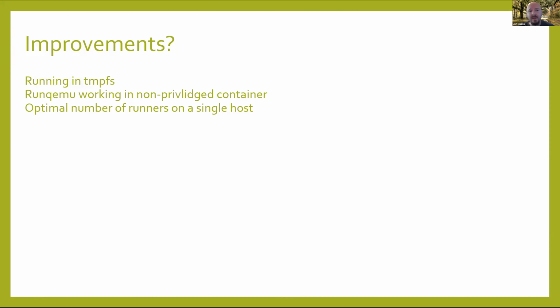And the last one is the optimal number of runners on a single host. You might have a pretty beefy 64 core system, and if you just have one runner, it'll iterate through very slowly, especially for S-state. But if you have 4 or 8 running on the same one, and you've carved up the CPUs to be, say, a quarter each with 4 runners, then you can parallelize it and run significantly faster.